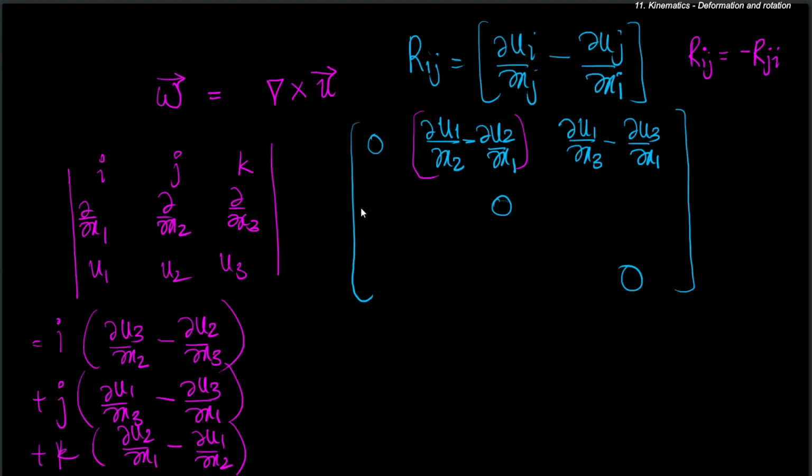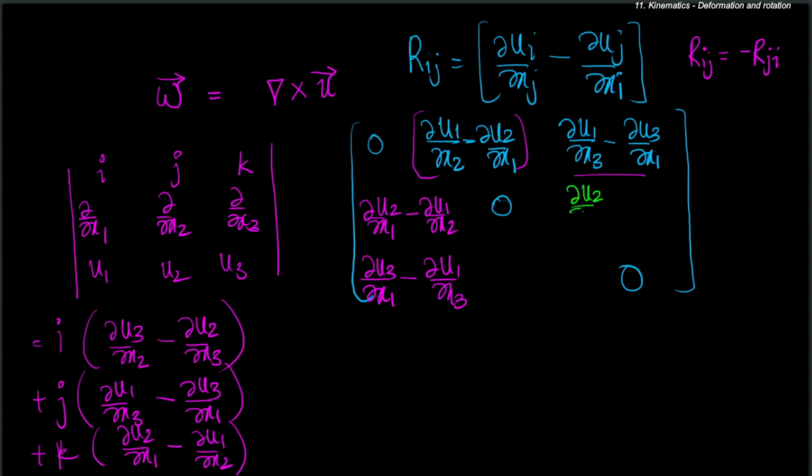So this term will be del u2 del x1 minus del u1 del x2. Similarly, this particular term will be the negative of this term, and it will be del u3 del x1 minus del u1 del x3. This term will be i equal to 1, j equal to 2, and this term will be, rather, i equal to 2, j equal to 3.